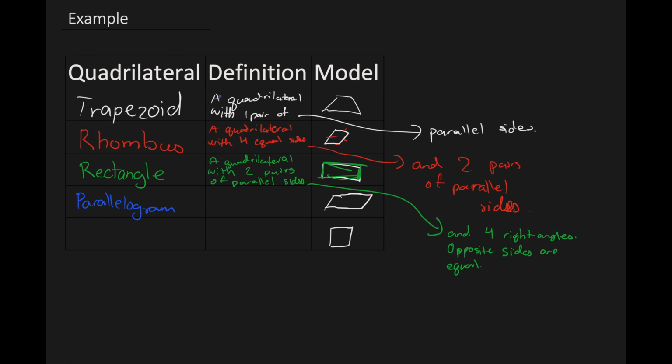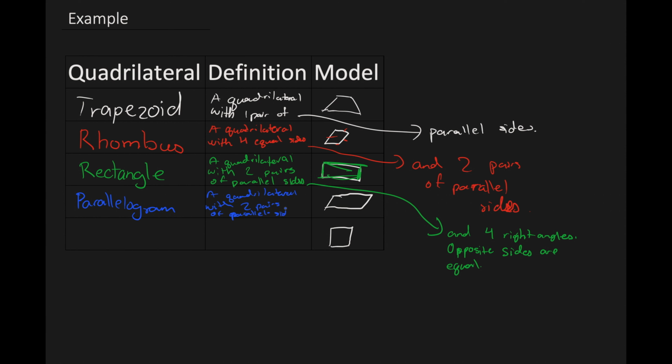Okay, so let's write down the definition here. Of course, all these are quadrilaterals, so a quadrilateral with 2 pairs of parallel sides. That's its only attribute, really.